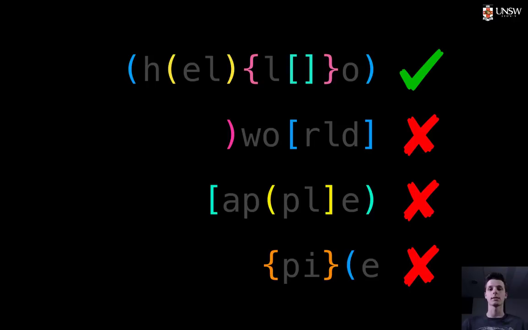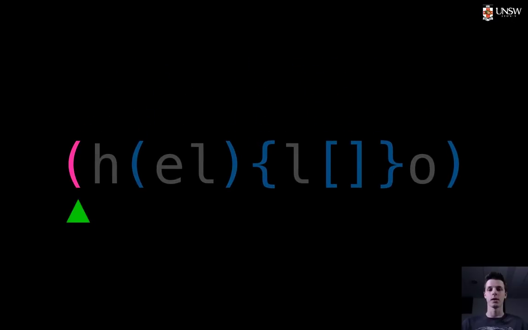So let's now think about what it really means for a string to be bracket matching and maybe try and come up with a methodology for deciding whether or not a string is a bracket matching string. So we're going to look more closely at the hello example, and like any kind of string processing, we're going to process the string from left to right.